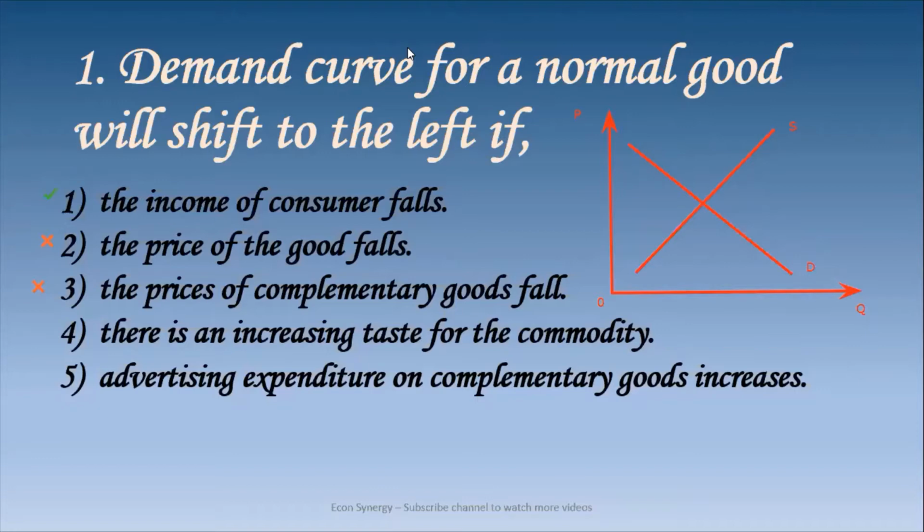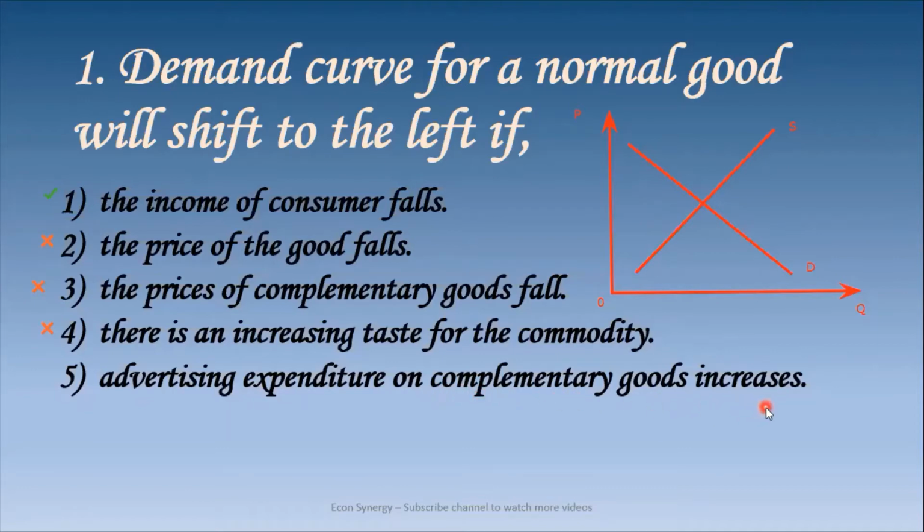The next one is, there is an increase in taste for the commodity. If our taste increases, we demand more of that good, then our demand curve will shift to the right, not to the left. Therefore, this one is also wrong. This fourth one is also wrong. Next one, advertising expenditures on complementary goods increase.